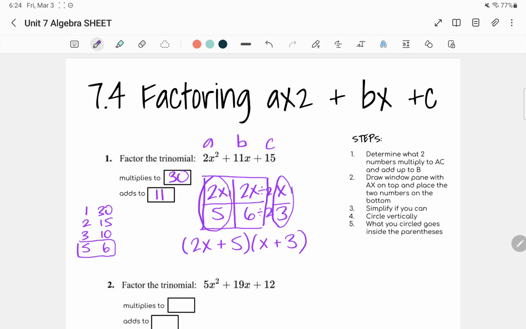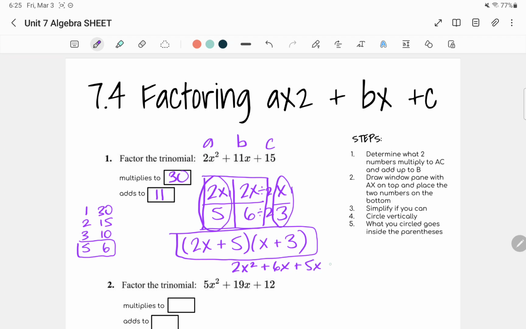And let's double check to see if this is right. So actually, let's box our answer first. And now let's FOIL to see if this is right. So 2x times x is 2x squared. 2x times 3 is 6x. 5 times x is 5x.